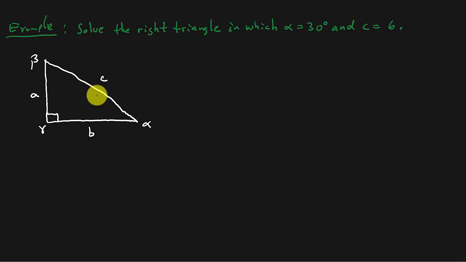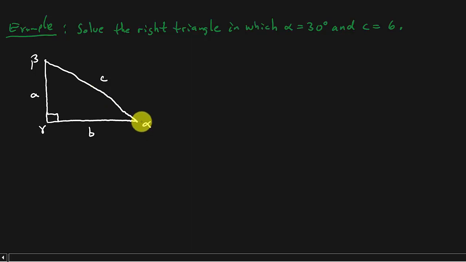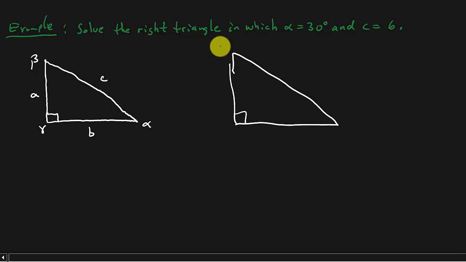As far as alpha and beta, it doesn't matter if you label this angle alpha and this angle beta. But if you decide to label this alpha and this beta, just make sure you label that side A and that side B. But this one's always going to be gamma and C, unless they tell you differently.